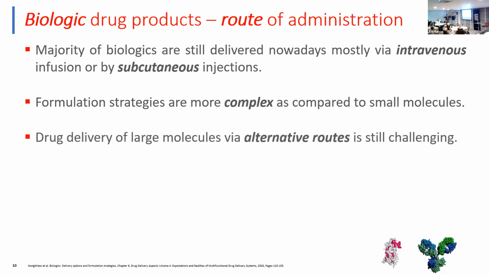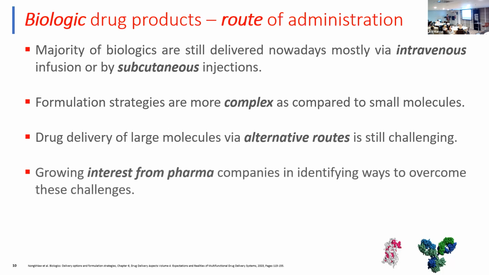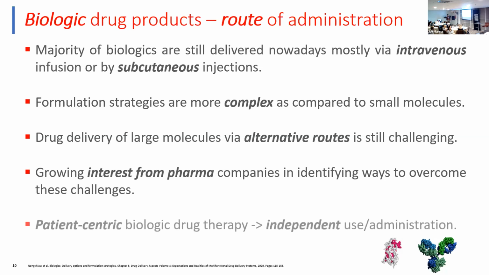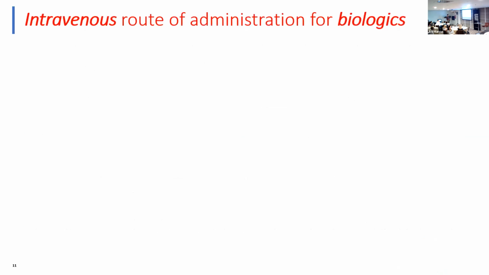We have issues of stability and degradation, so delivery is still very challenging via alternative routes. So there's a growing interest from pharma to change the way that biologic drugs are delivered into the human body. And of course, the ideal case would be to achieve patient centricity also for biologics, which would translate into independent administration in the patient's home setting.